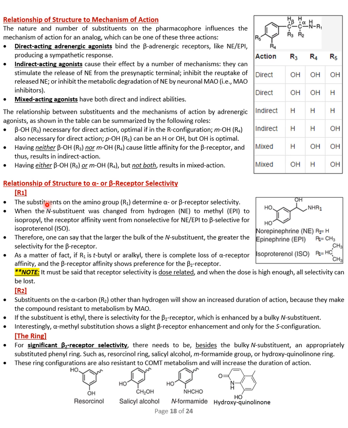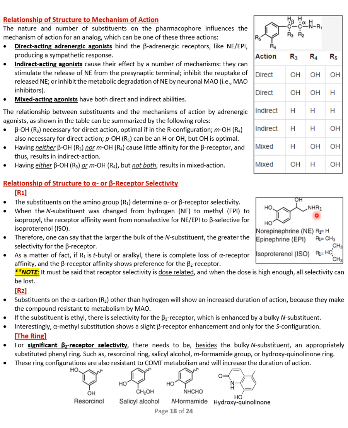So in this next part, we'll talk about the selectivity. To start with, the substitutions at R1 here can affect the selectivity between beta receptors in general and alpha receptors.